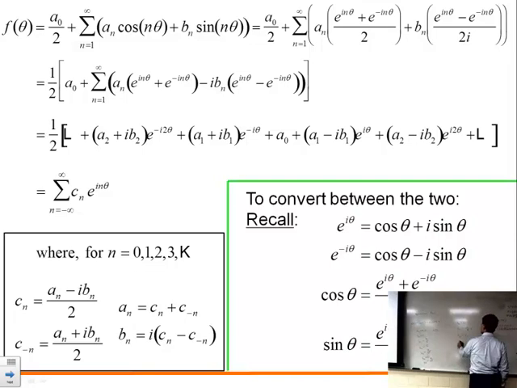C3? That's going to be a third of this, over 3 pi. And then C4? 0. C5? Negative 2 over 5 pi times I.